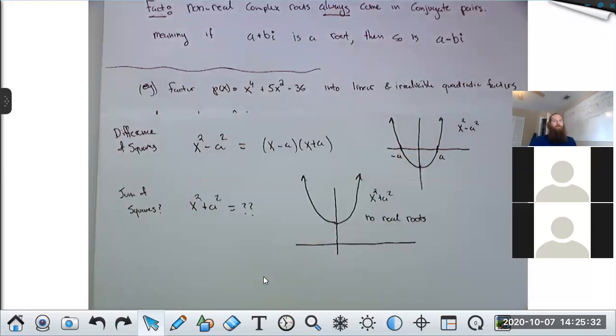It doesn't have any real roots. So it doesn't factor over the real numbers. Because if it did factor, you know every factor gives you a root. But from the graph, we can tell that there are no roots because there are no x-intercepts. So there is no trick for factoring a sum of squares, at least not over the real numbers.